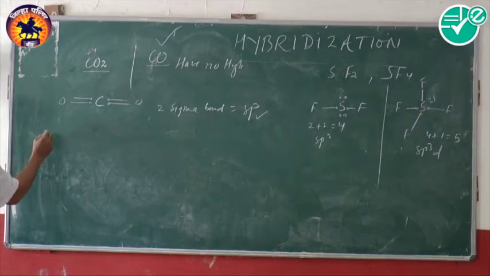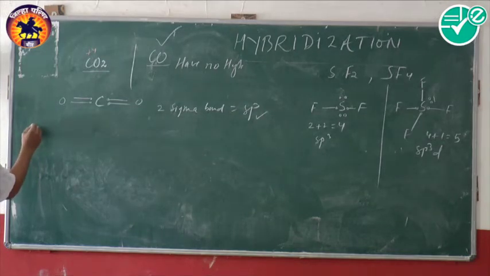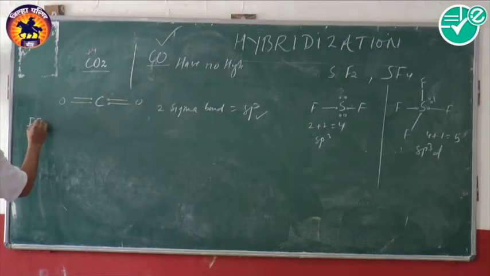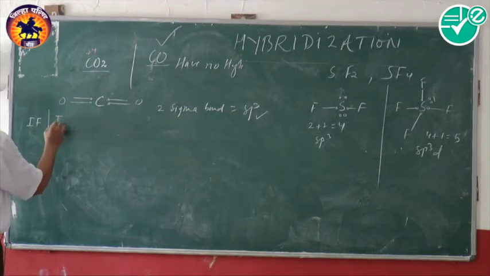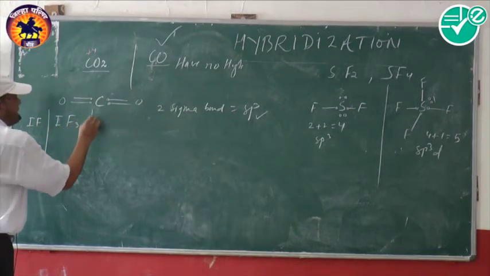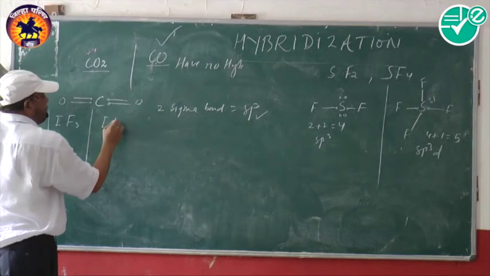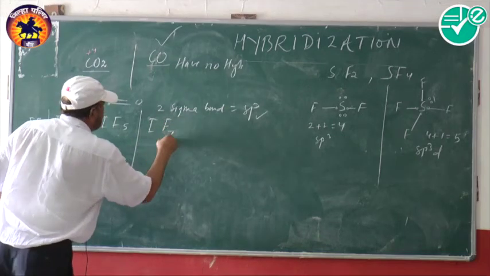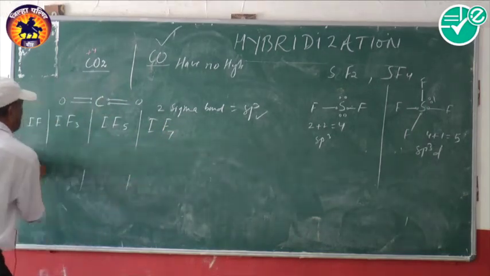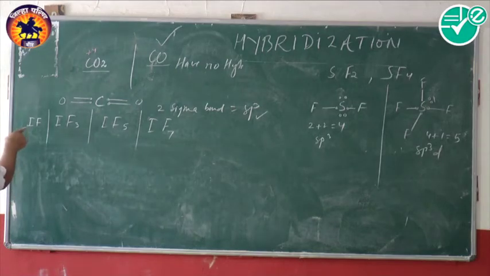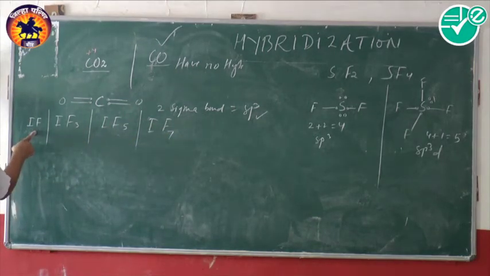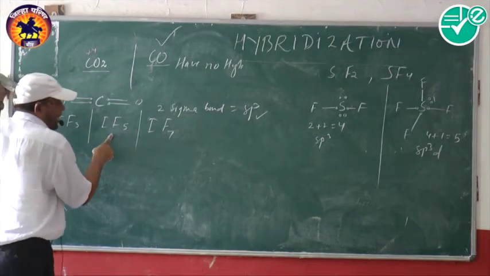See, this is another example: IF, IF3, IF5 and IF7. There are 4 types of compounds. These are interhalogen compounds.